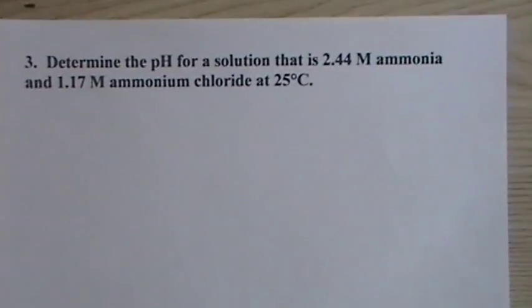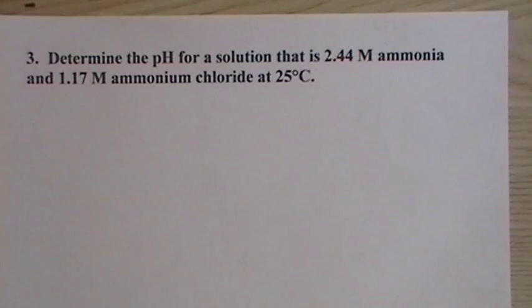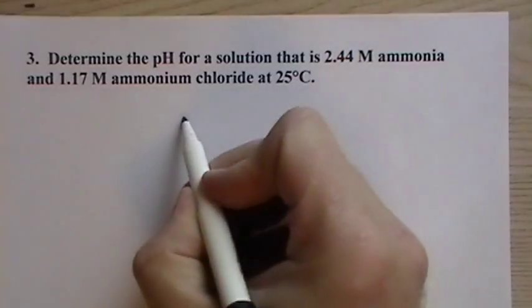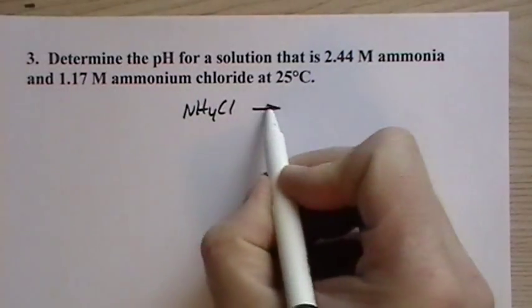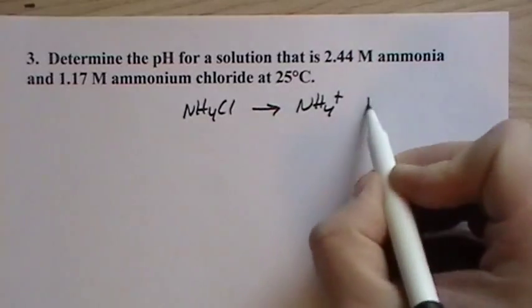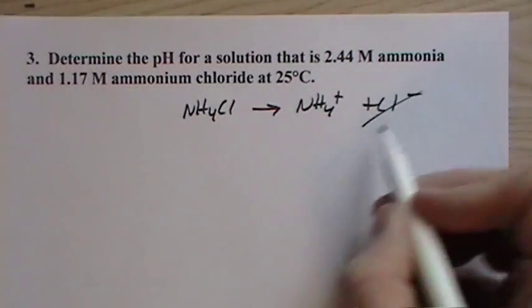Determine the pH for a solution that is 2.44 molar ammonia and 1.17 molar ammonium chloride. Okay, so the ammonium chloride is the salt. It breaks up into ammonium ion and chloride ion. This is not going to do anything.